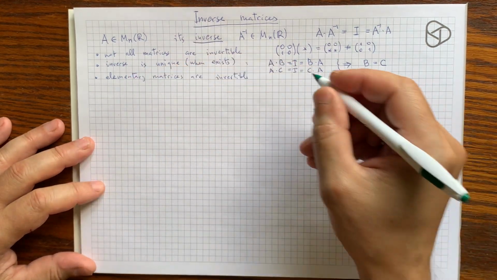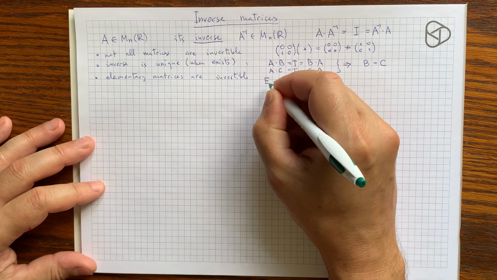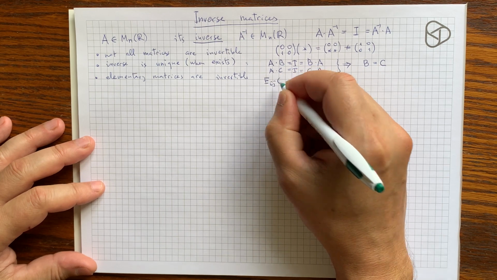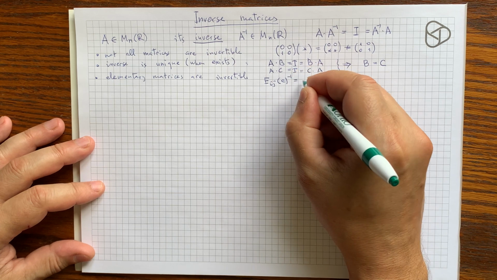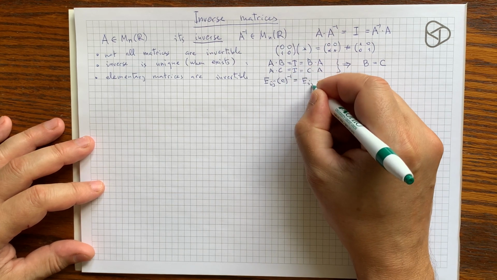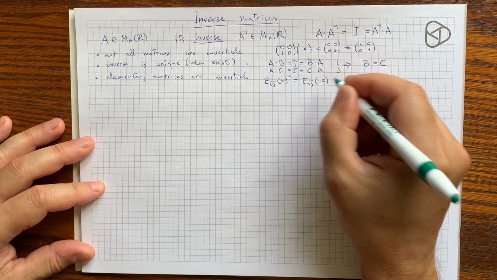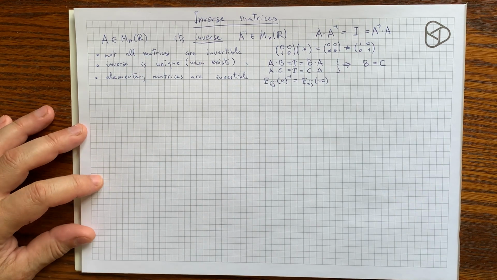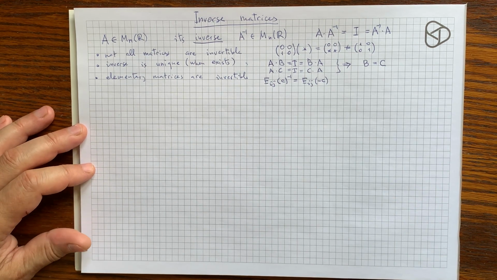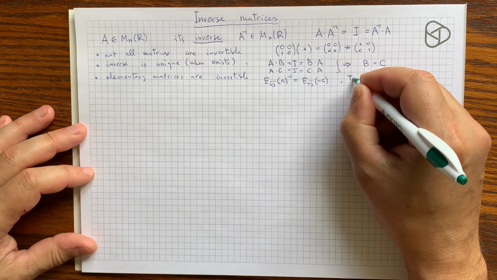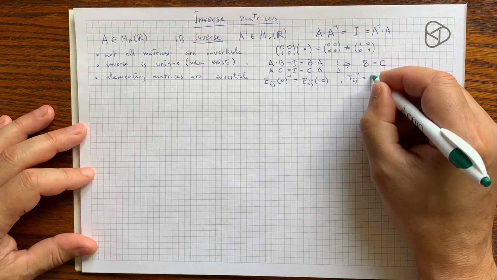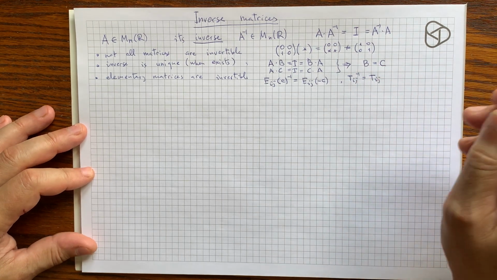More precisely, just saying what are inverses for each of the types. Addition type, row addition type, inverted by row addition type, which is row subtraction. So instead of adding column J to column I with coefficient C, we subtract it with coefficient C again. Row swap is undone by the same row swap.